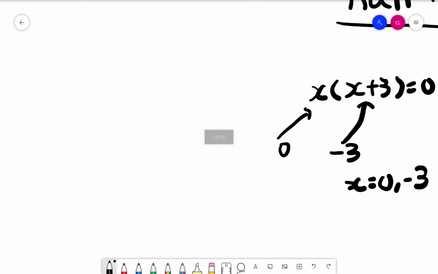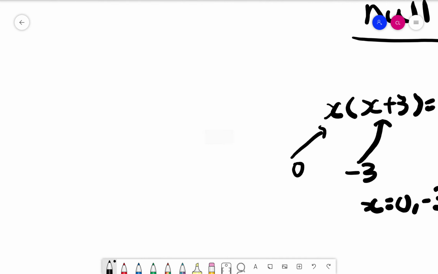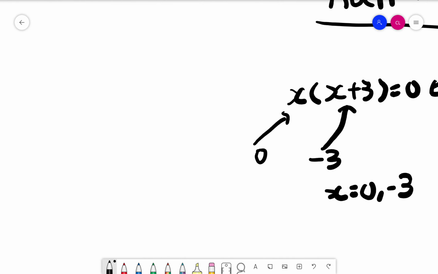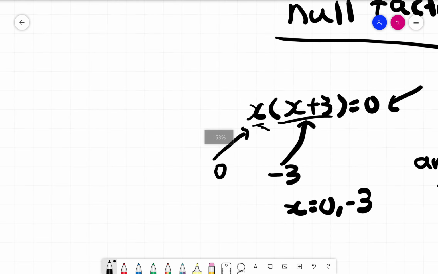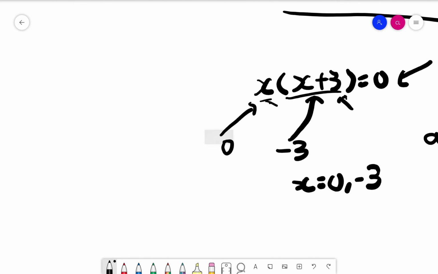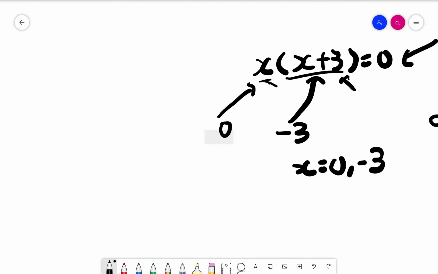A quicker way to solve this is to remember, if you see an isolated x or like 2x or whatever, with x plus something or minus something, it's always just x equals 0 and the number here with the opposite operation.